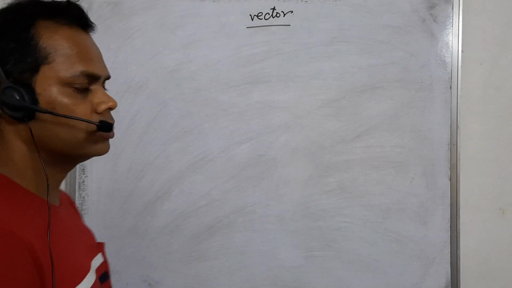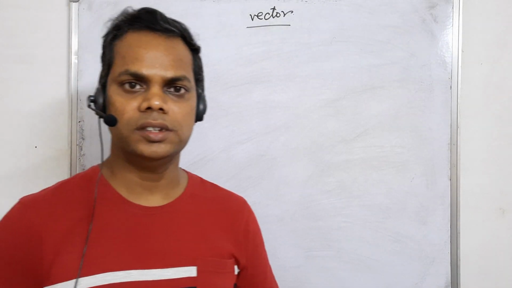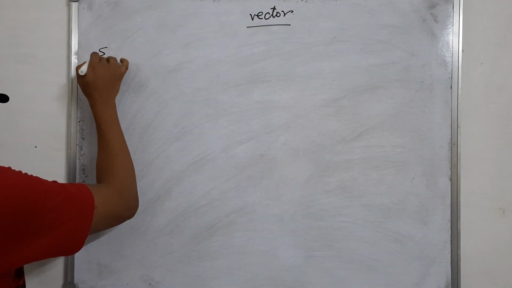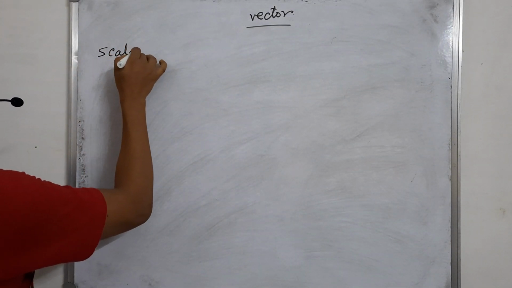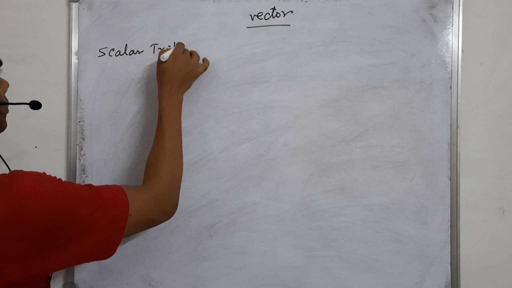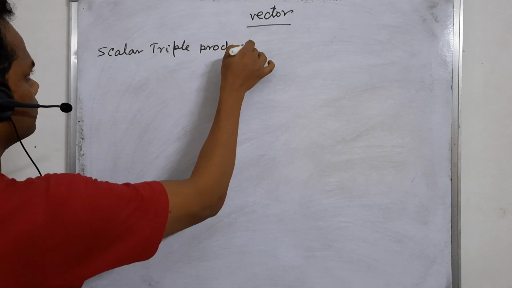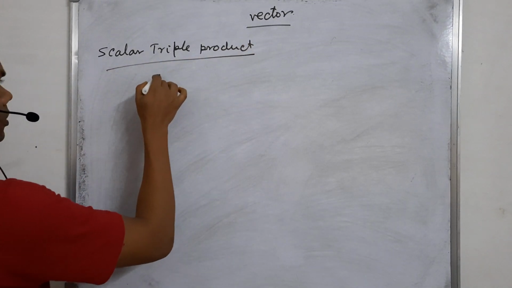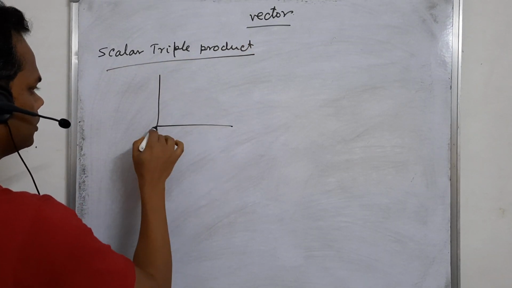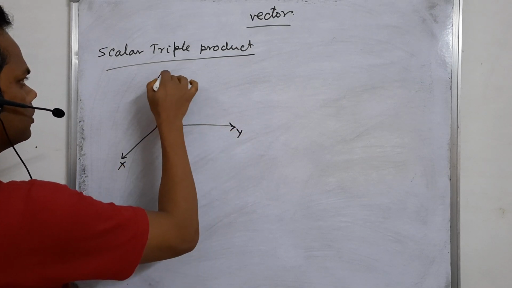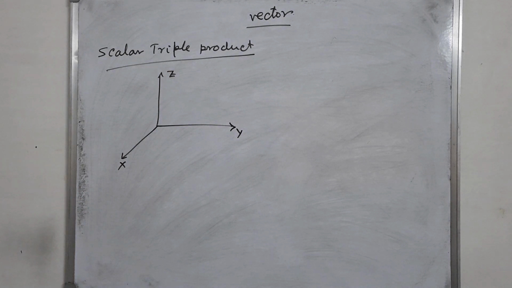Well, students, the topic of the video is scalar triple product and vector triple product. For scalar triple product, this one is the x axis, this one is the y axis, and this one is the z axis.